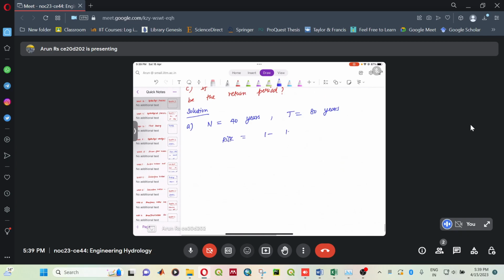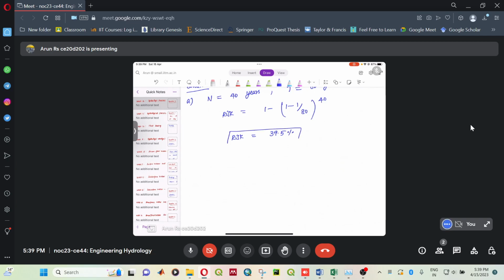That is 1 minus (1 minus 1/80) to the power of 40. So the risk associated with it is 39.5%. So next we can move on to part B of the question.